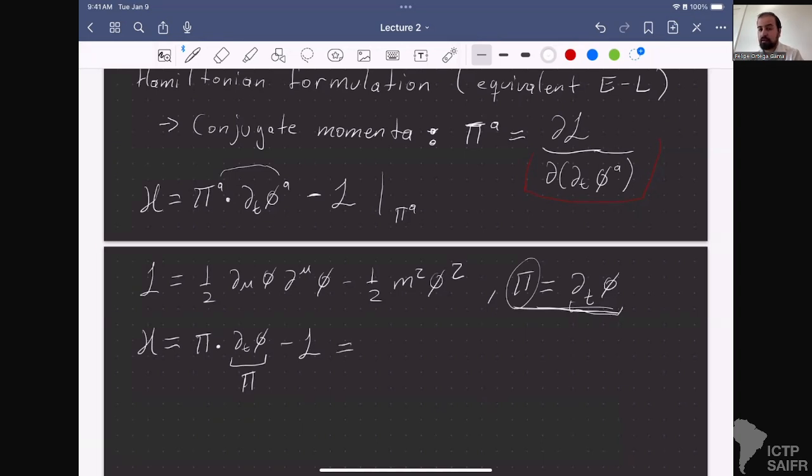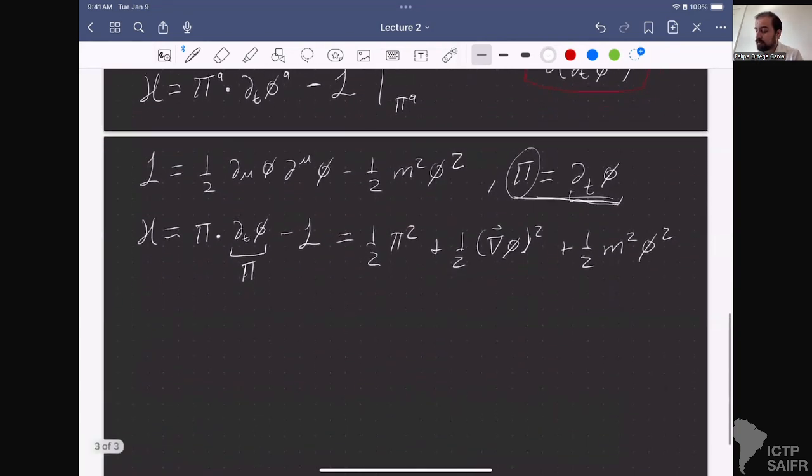So what we're going to get is 1/2 pi squared plus the gradient of our field squared plus the mass term, right?